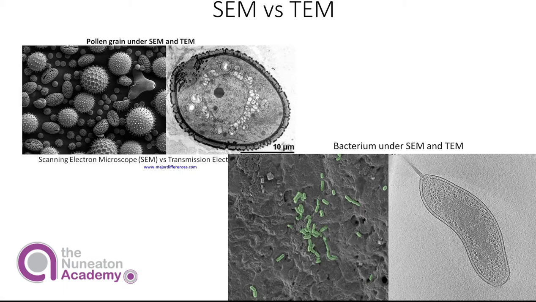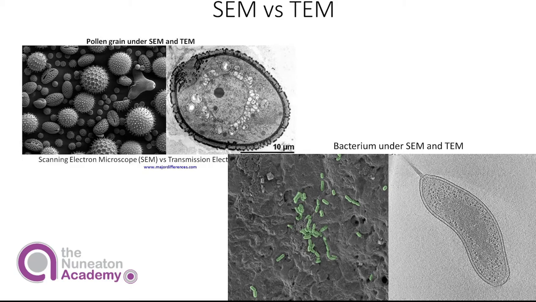So in our two images, we have pollen grains as well as bacterium. And the scanning electron microscope gets a very cool, very pretty picture of what the surface of these particles and cells looks like. So we use scanning electron microscopes to get just a nice, fine surface photo.